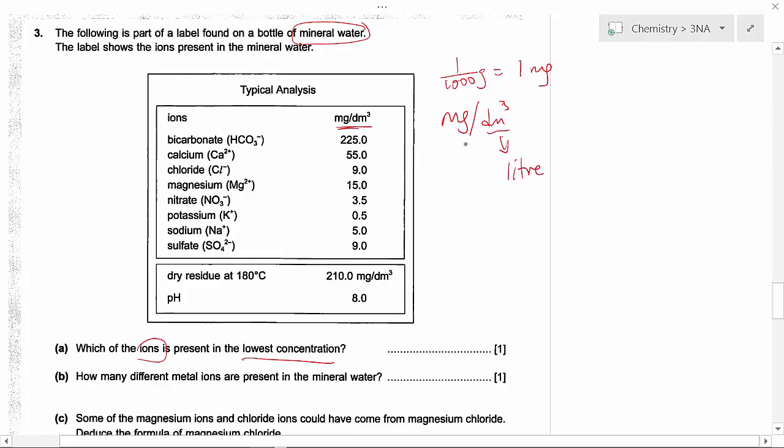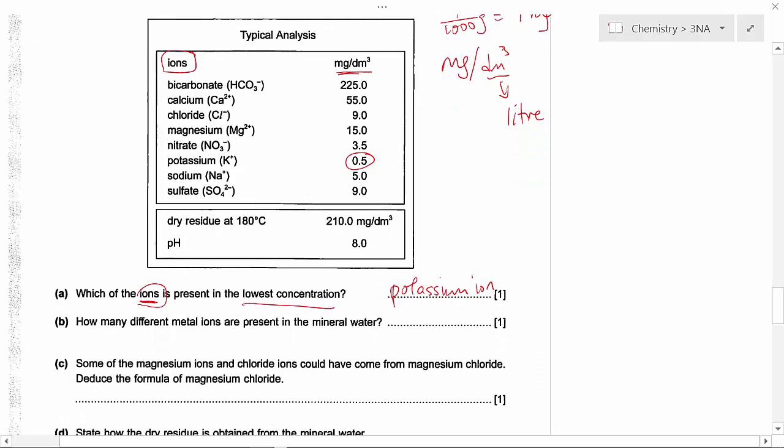Okay, 1 liter. So this is very trace amount, tiny amount. So lowest concentration obviously is 0.5. But you don't tell me 0.5, because it's ion. So you must write down there potassium ion. Okay, potassium ion. How do you know it's ion? This is ion. All these ions.